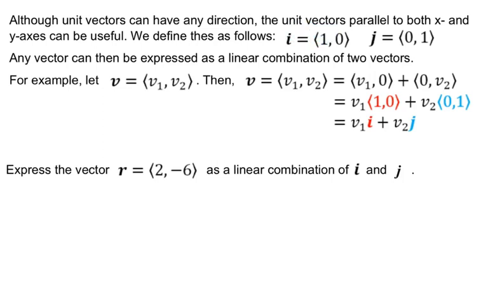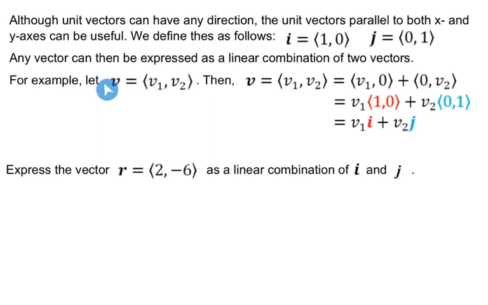We have a unit vector that is parallel to the x-axis, and one that is parallel to the y-axis. So we have i, which is 1, 0, and vector j, which is 0, 1, both in component form. Any vector, then, can be expressed as a linear combination of these two vectors.